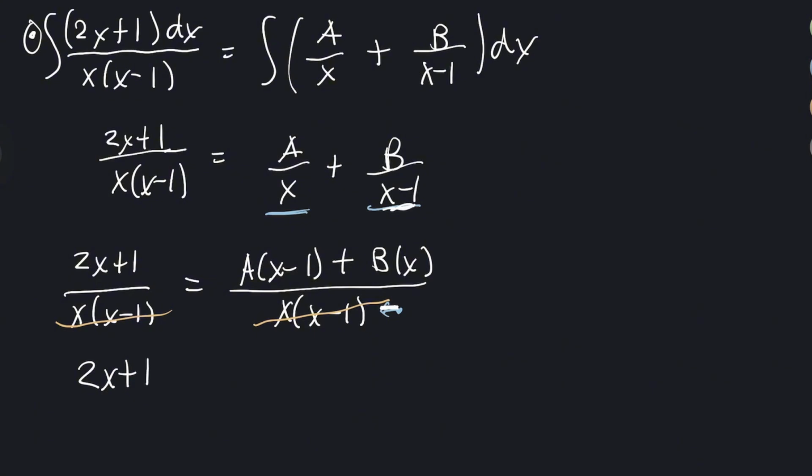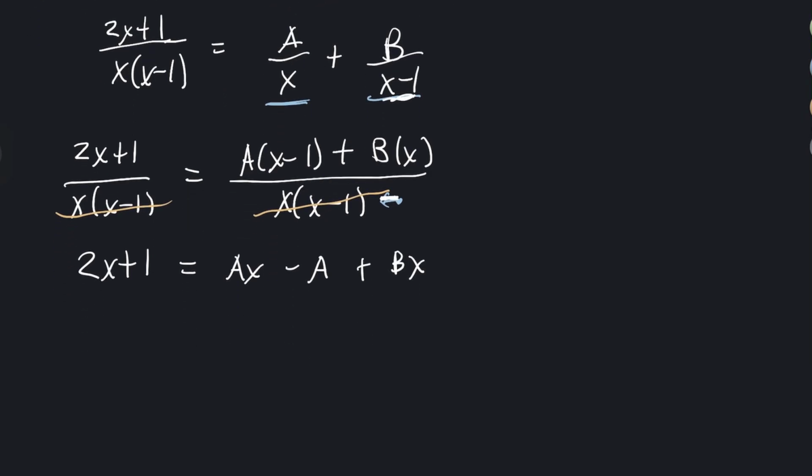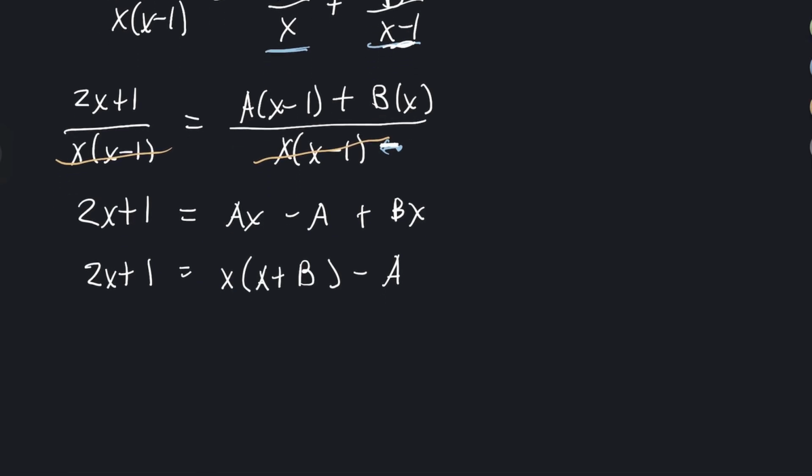Then we'll be left with 2x plus 1 is equal to, let's simplify this, ax minus a plus bx. Then we can factor out the x, that will be x times (a plus b) minus a. By using symmetry, we can now solve the values for a and b.